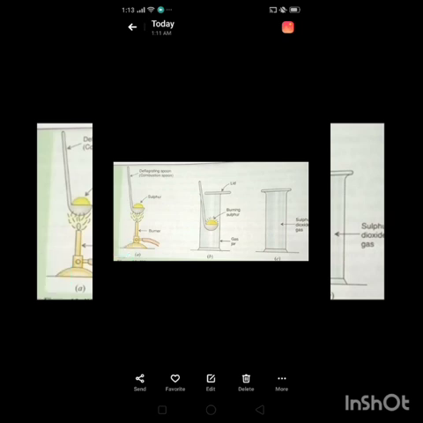The spoon is taken out from the gas jar, and the gas jar is closed with the lid, and sulfur dioxide is closed inside the gas jar.